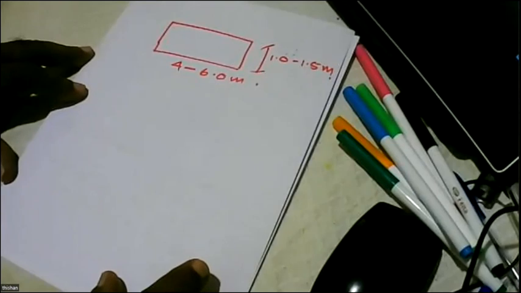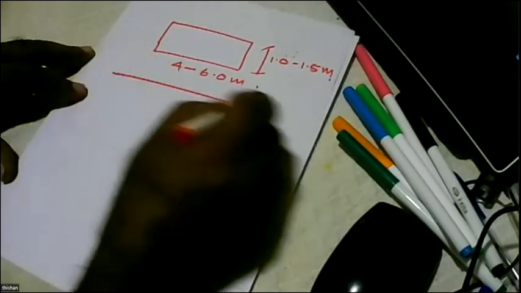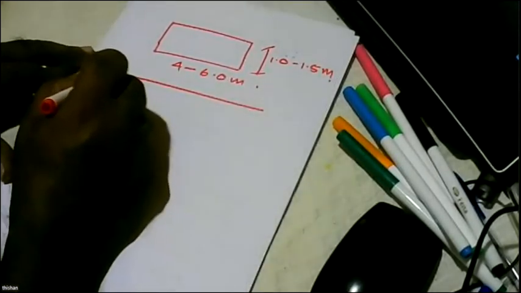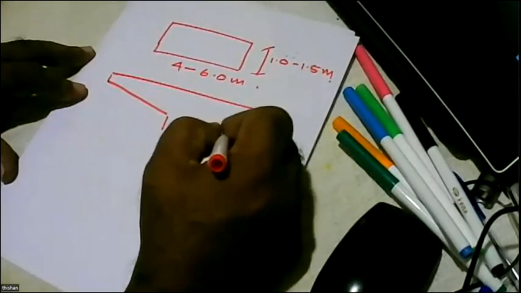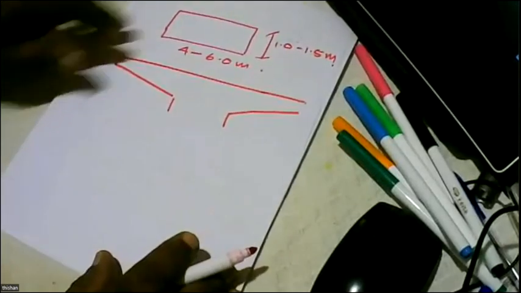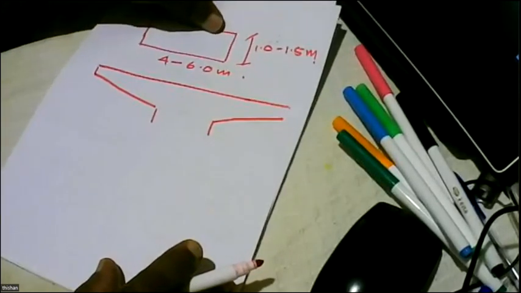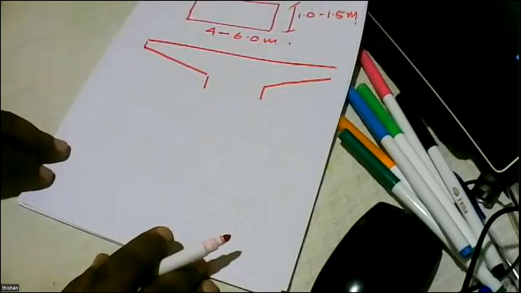And then we are also having a beam like this. So if you really want to create a computer model, what are the ways that we can create a computer model? So that's a question we have to ask.